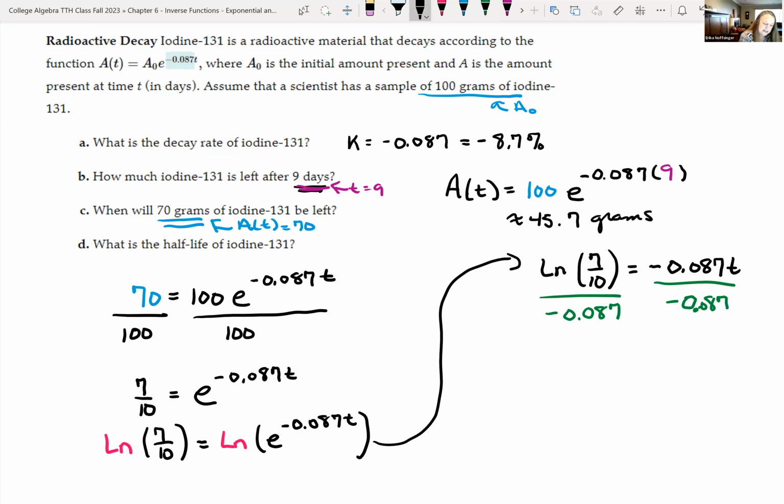So we get that t is approximately, natural log, make sure you put parentheses around the 7 divided by 10, and then divide it by negative 0.087. We get that t is approximately 4 days, or 4.1 days if we want to round to the nearest tenth.